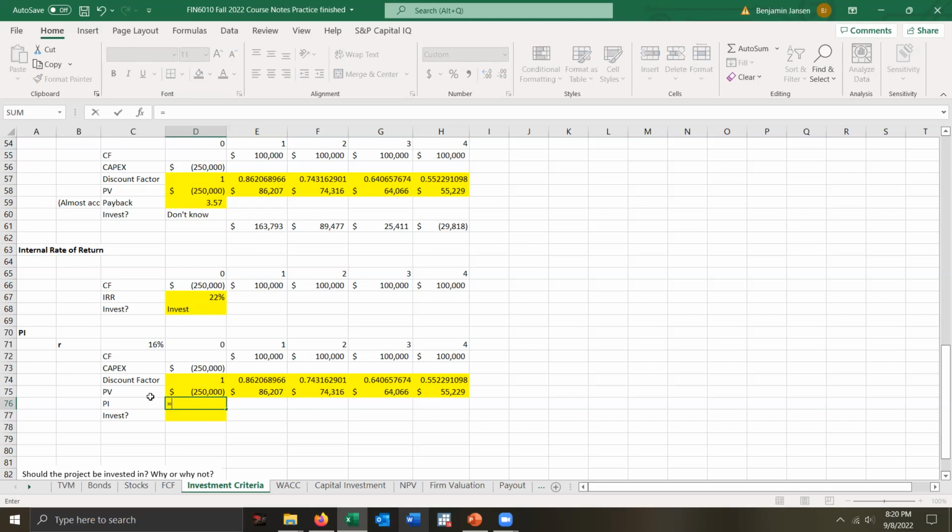All right. So I actually gotta double check this. I'm pretty sure. Yeah, it's the sum of the discounted cash flows divided by the startup cost.